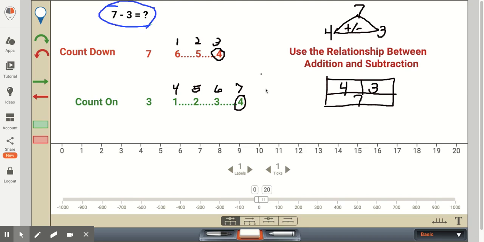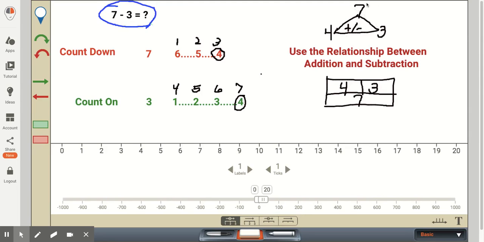Now for our students who have mastered their single-digit addition facts, to solve this problem of 7 minus 3, they may recognize that 4 plus 3 equals 7. Therefore, 7 minus 3 equals 4.